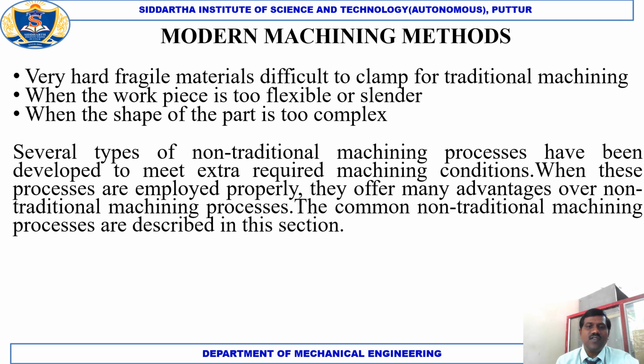Several types of non-traditional machining process have been developed to meet the extra required machining conditions. When these processes are employed properly, they offer many advantages over traditional machining process. Means when compared to traditional machining process, these modern machining methods or advanced machining process or non-traditional machining process give many more advantages. The common non-traditional machining processes are described in this section.